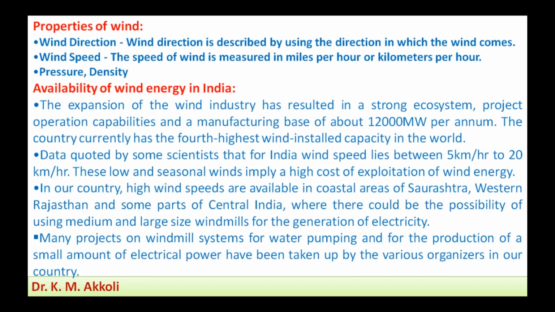If it is coming from one particular direction, a suitable windmill can be developed and installed, and we can use it for energy conversion. And if the wind is coming from different directions, it becomes very difficult to convert it into energy.